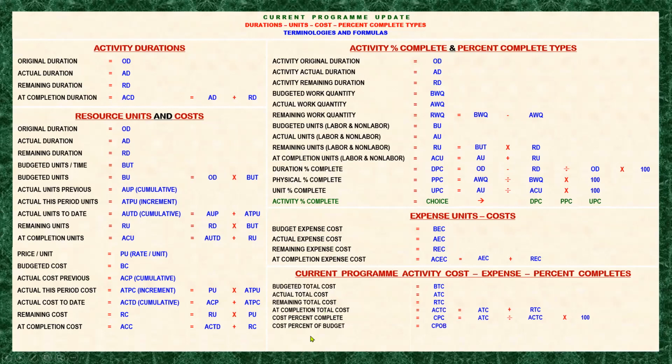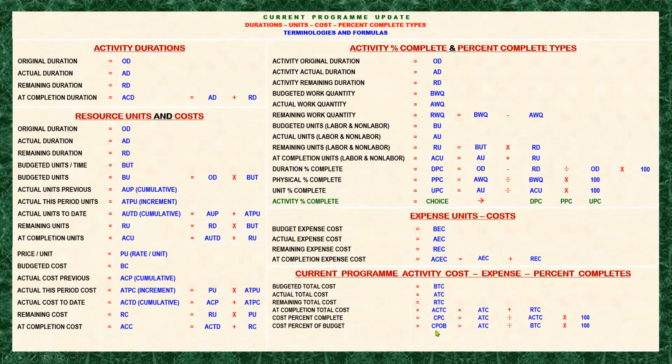Next is the cost percent of budget. In the cost percent complete, we are dividing the actual total cost by the at completion total cost. But in the cost percent of budget, we are dividing the actual total cost by the budgeted total cost.